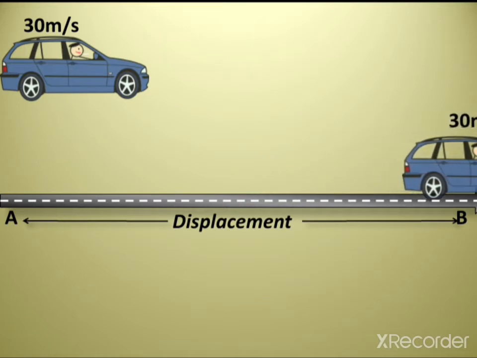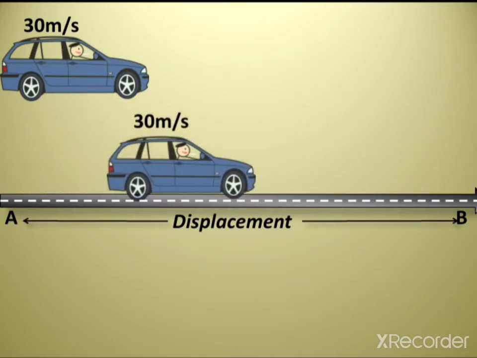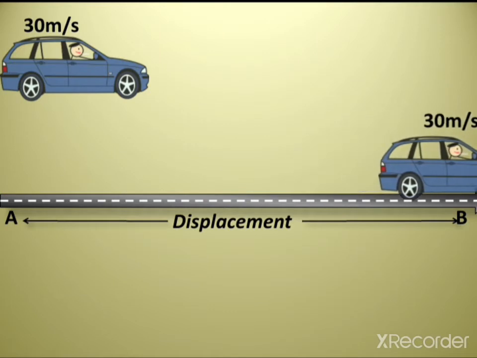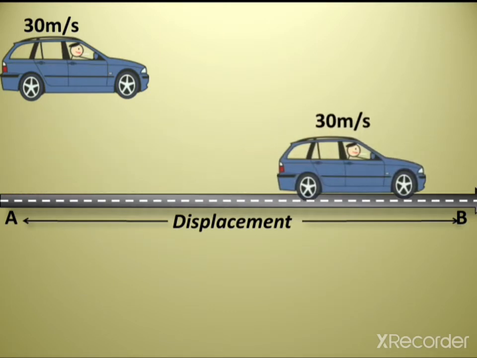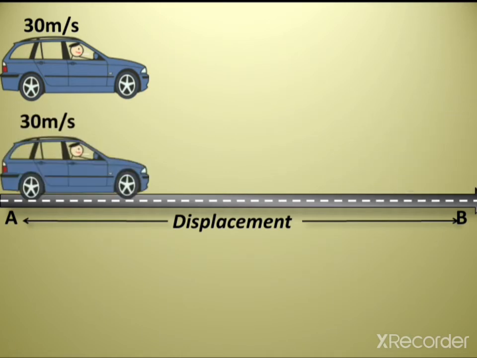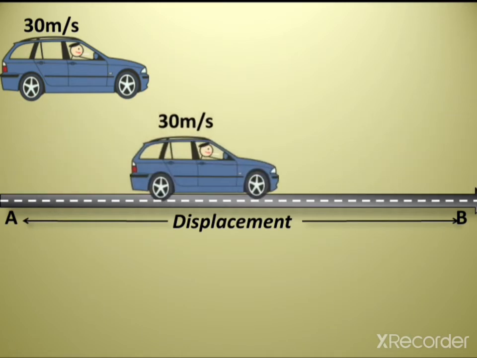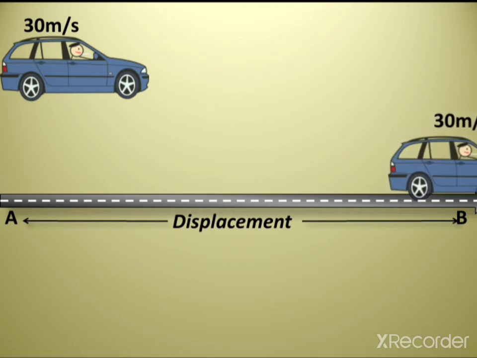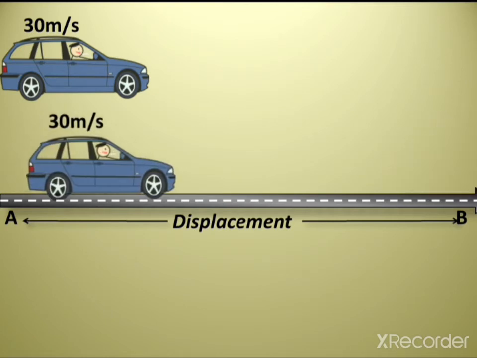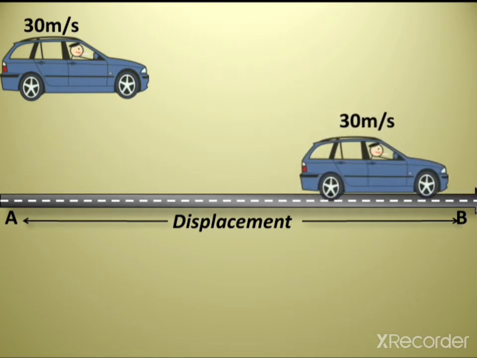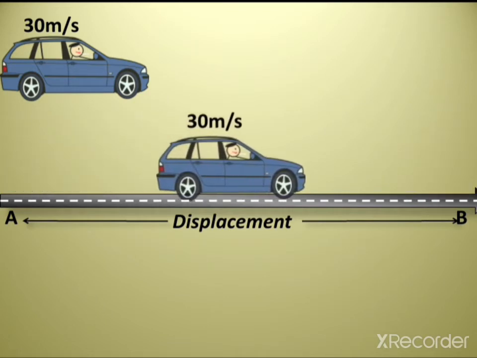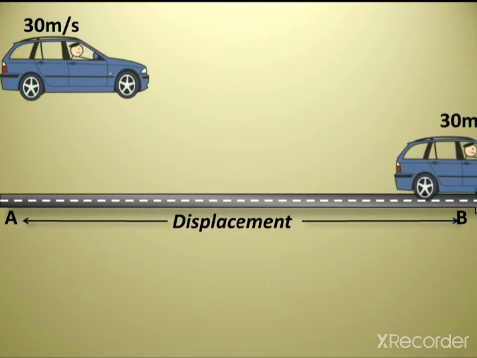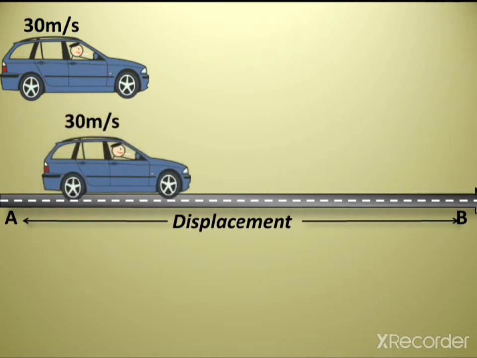So what is the difference between distance and displacement? Distance is the path length covered by the moving body during the entire journey, but displacement is the path length of the moving body between the starting point and the ending point during the journey.